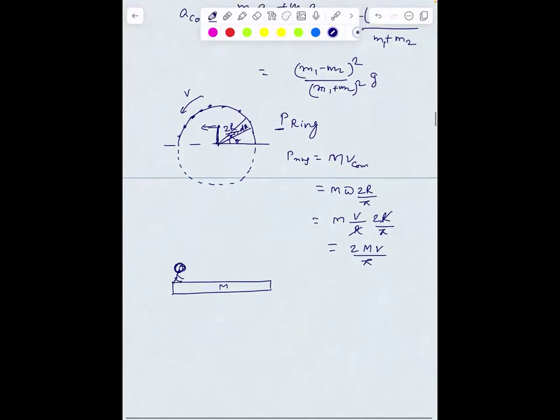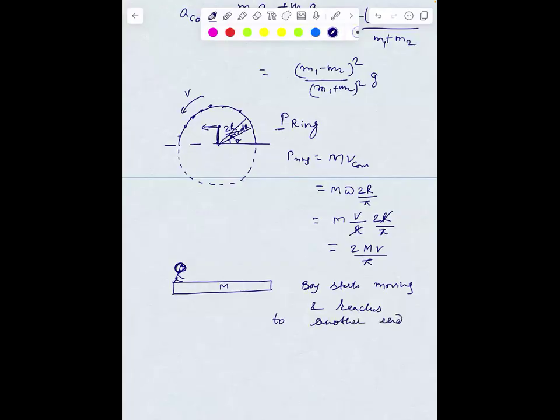You have to calculate how much the plank will move when the boy starts moving towards right and reaches the other end. Find the displacement of the plank when the boy reaches the other end.